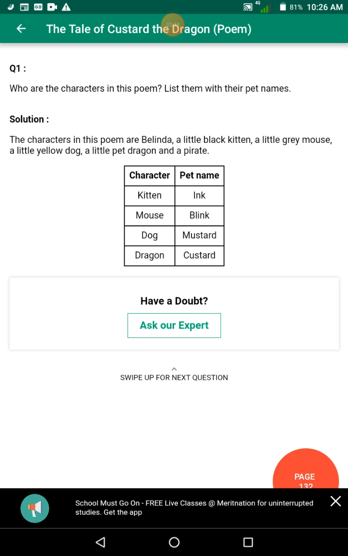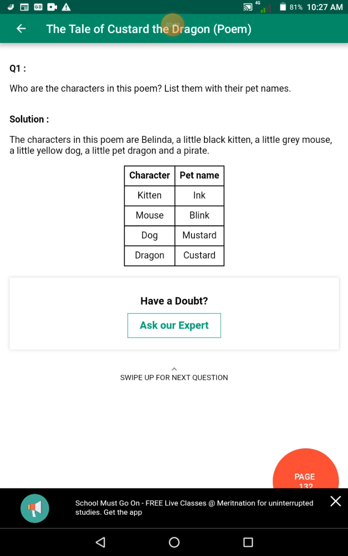So, Belinda and pirate are the same. There is no change. Kitten's pet name is Ink. Mouse's pet name is Blink. Dog, Mustard. Dragon is Custard.